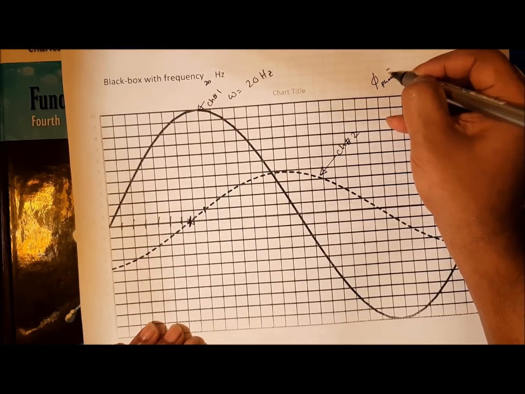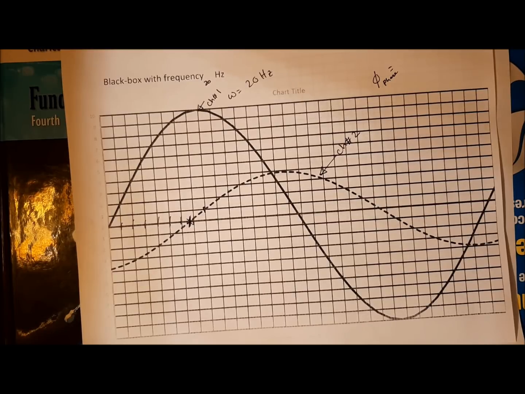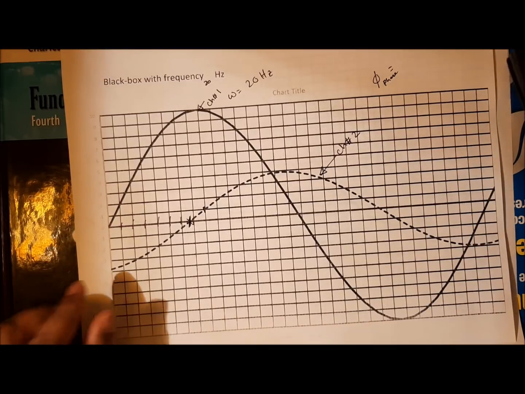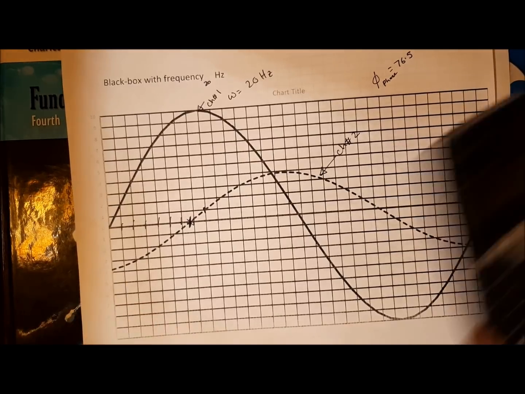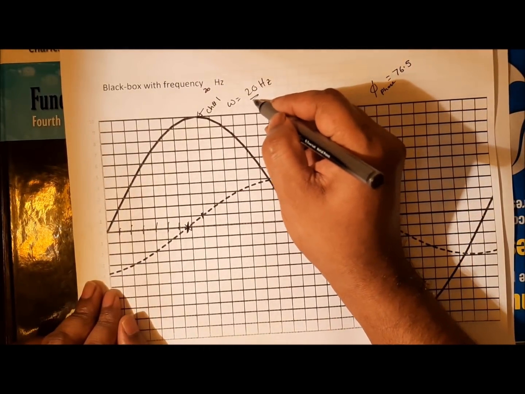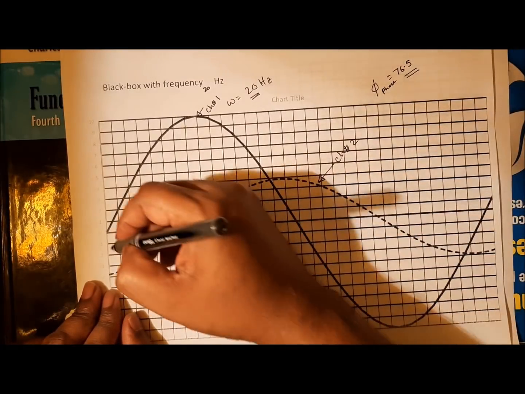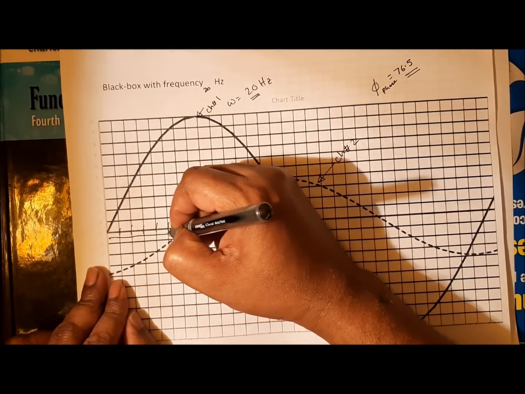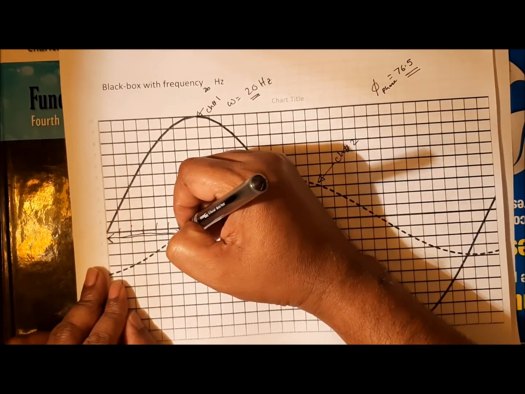So the phase difference is 76.5. Now you see, if we increase the frequency, the phase difference increases. So this angle between voltage and current now increases.